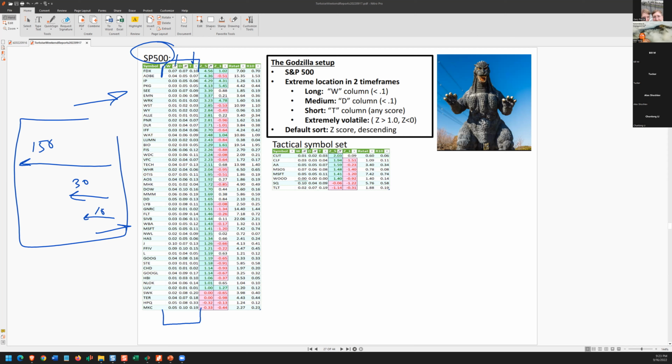But now the volatility shows interesting. So if you have green, like International Paper and FDX and PKG, these are ones where the 5-day move is extraordinarily large, 4.5 sigma, and the 1-day is above average. So green is an enraged Godzilla.